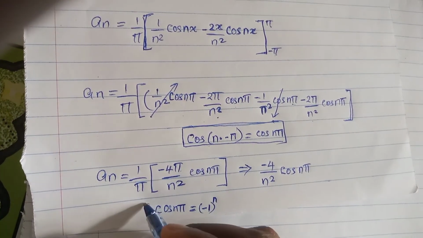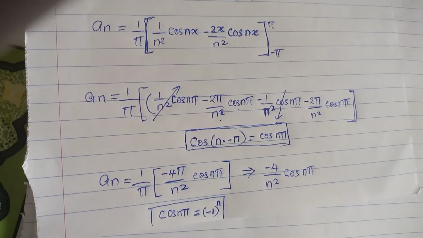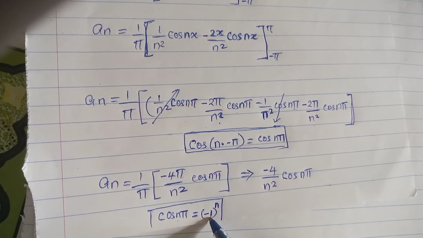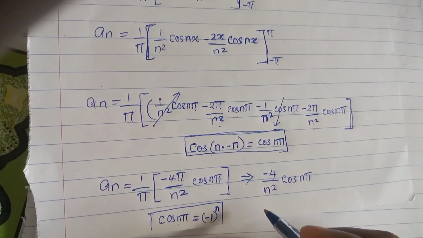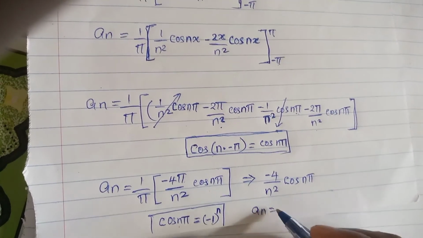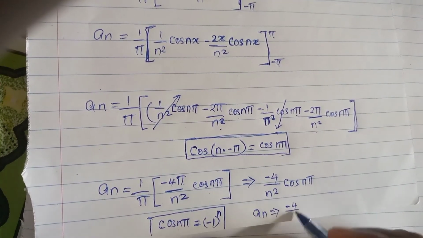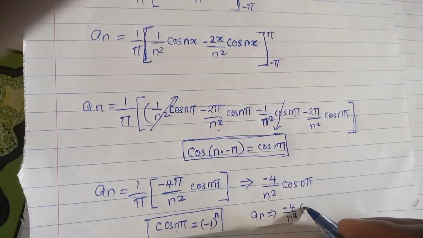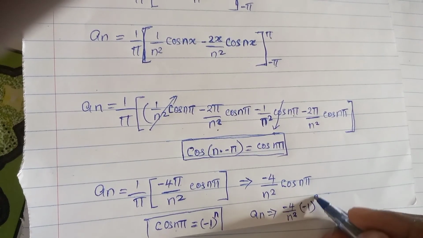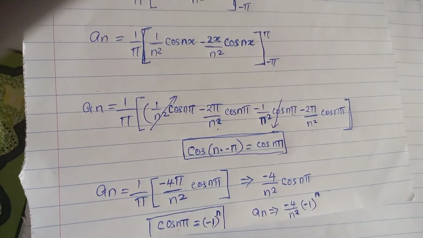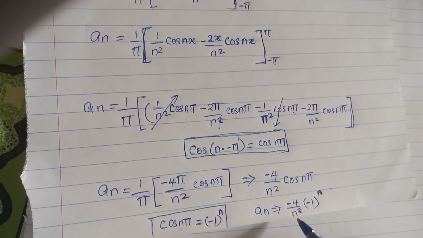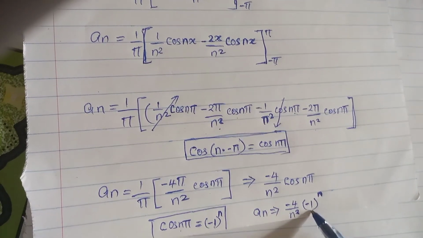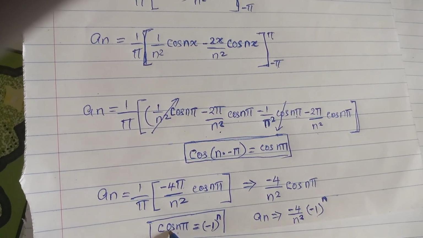Therefore we are going to substitute where there is cos n pi with negative 1 to the power of n, and therefore our a_n will be equal to negative 4 over n squared into negative 1 to the power of n, which is the value of cos n pi.